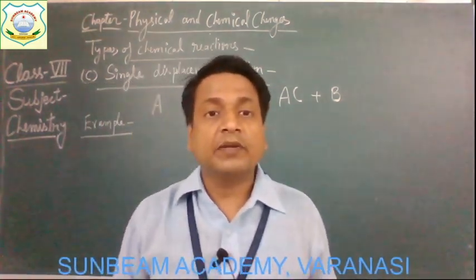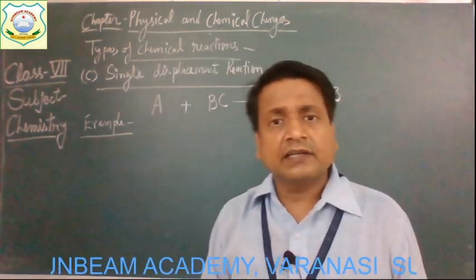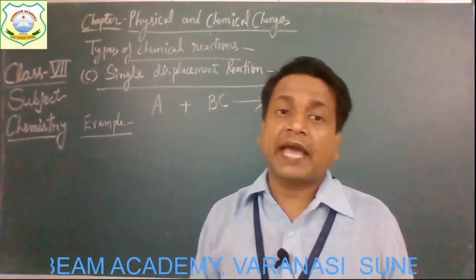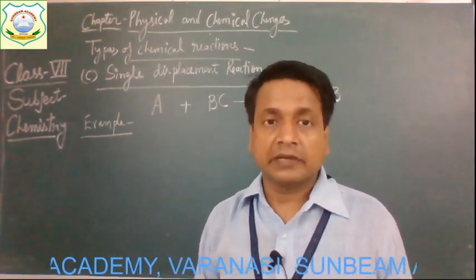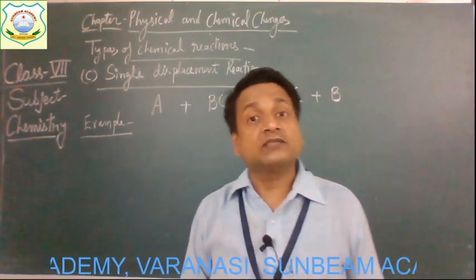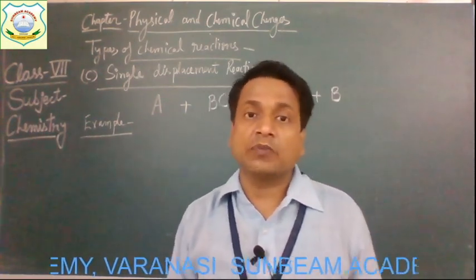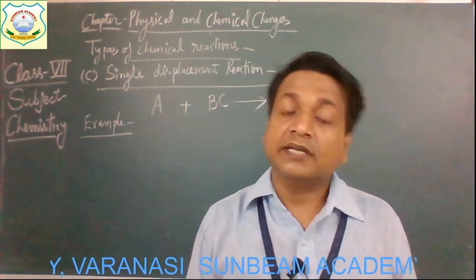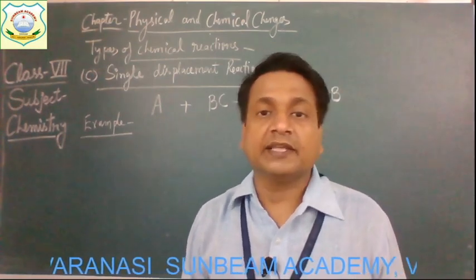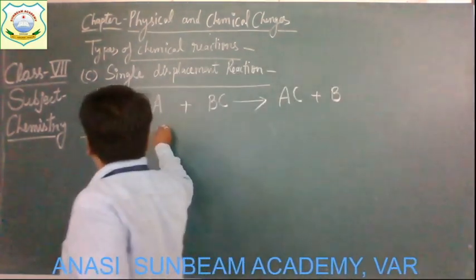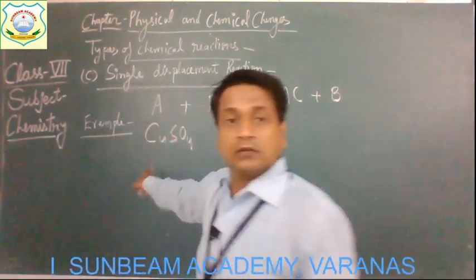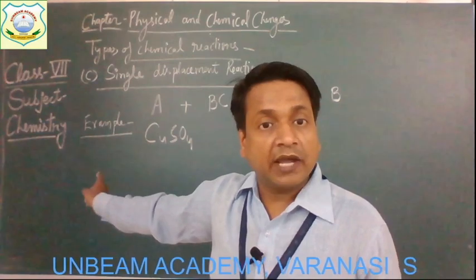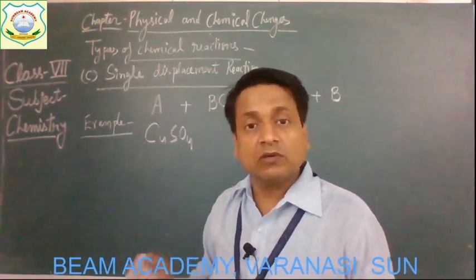So the example is when iron is going to react with copper sulfate solution. Get it children? As iron is a more reactive element than copper, what will happen? The displacement reaction will take place. Copper sulfate, the formula is CuSO4.